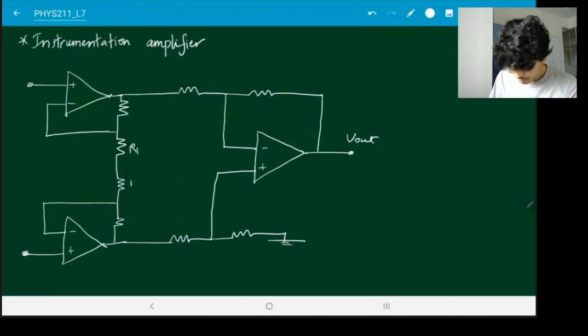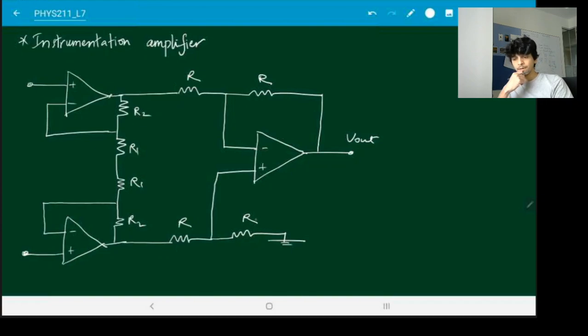So these two are both R1, these two are both R2, these are all R. So here is the circuit diagram for an instrumentation amplifier. Looks a little complicated, but let's try and analyze it step by step.